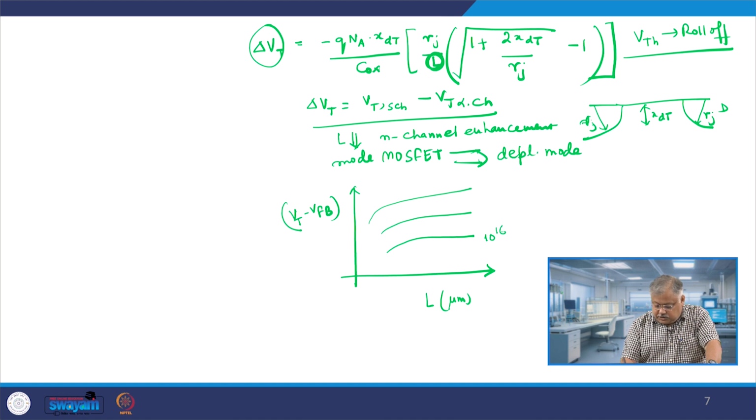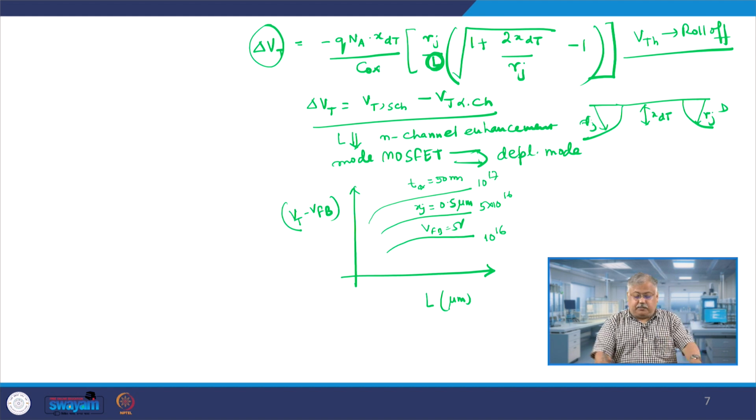The substrate doping concentration is 5 into 10 to the power 16, the oxide thickness is 50 nanometer, your junction depth is 0.5 micrometer, and your VFB flat band voltage, let us suppose, is 5 volts. Then we see that the roll off takes place somewhere below 1 micron channel length.